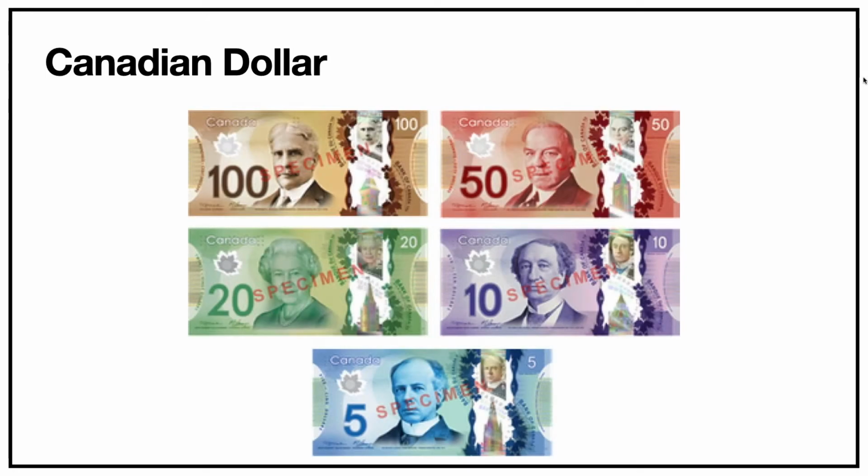The Canadian dollar has something similar to the regular American dollar. As you can see here, we have a variety of Canadian dollars, very similar to the ones that we have in American dollar. There is one main feature here that is highlighted, which is the color. Every Canadian dollar also has a denomination: 5, 10, 20, 50, and 100.